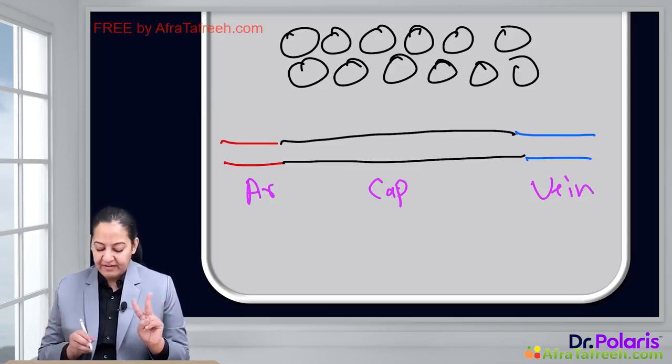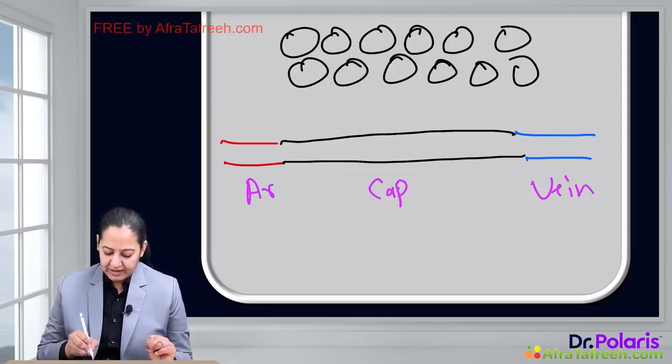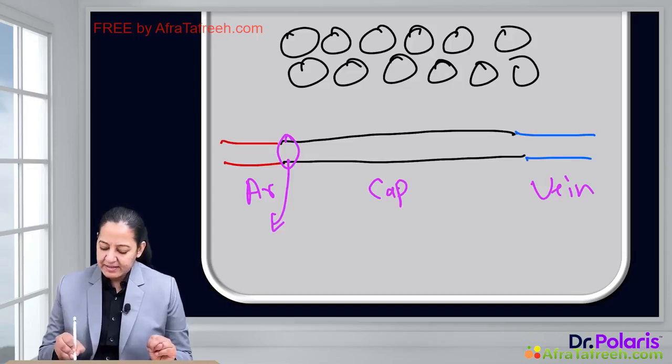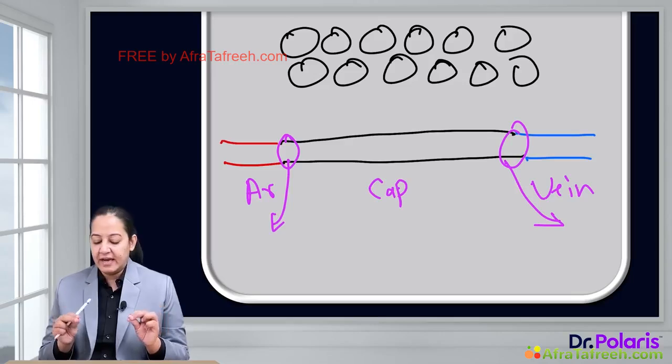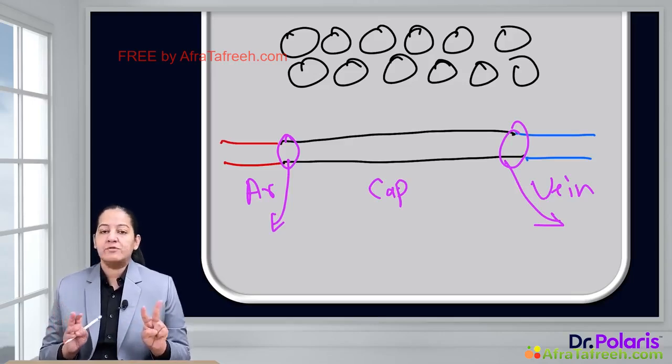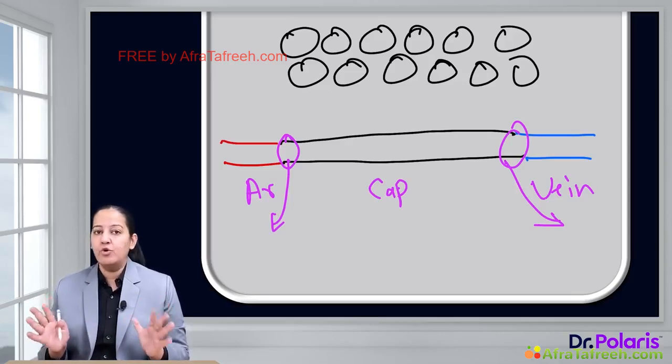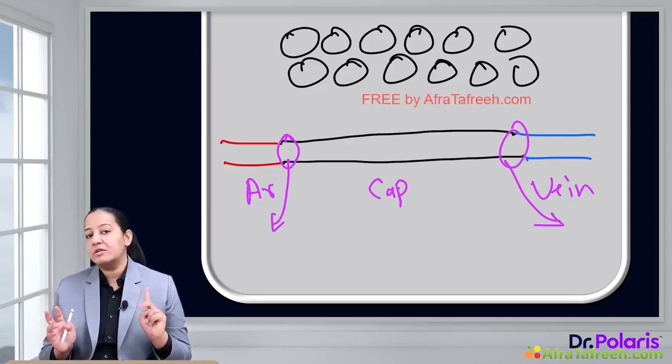Now, the capillary has two ends. This end is known as the arterial end of the capillary, and this end is known as the venous end of the capillary. Now let me explain the two types of pressures taking a role here: the hydrostatic pressure and the oncotic pressure.